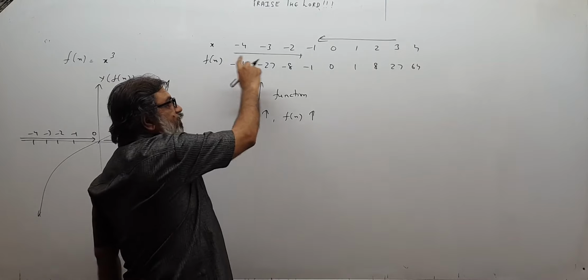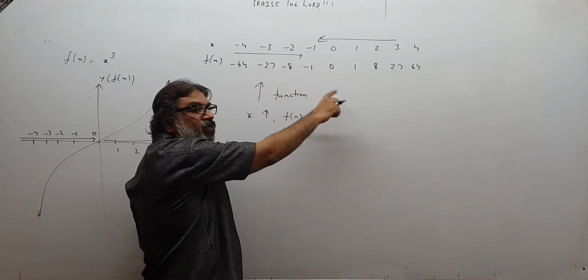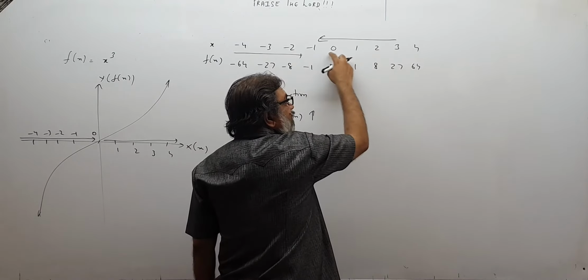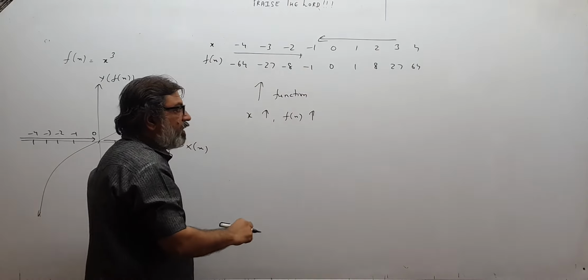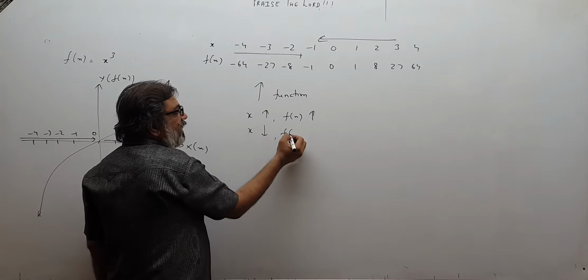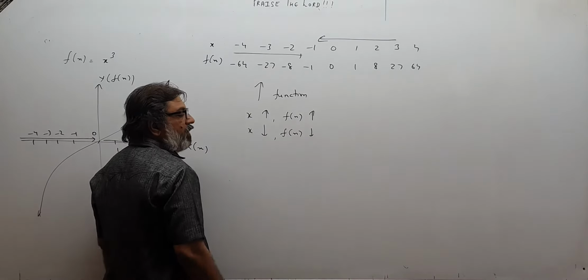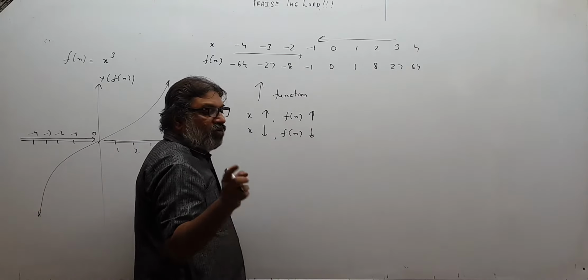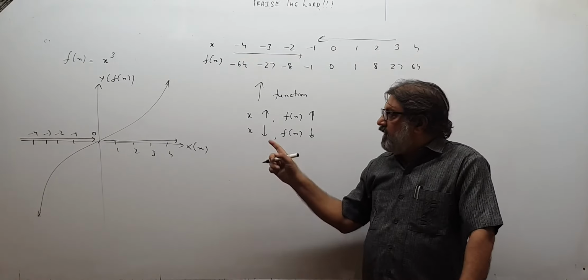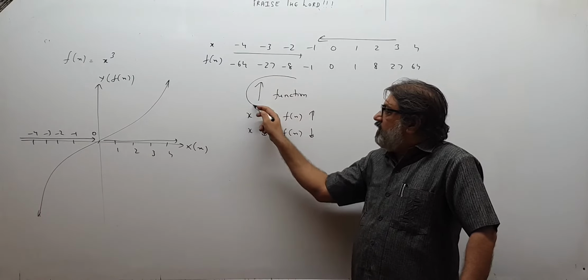When I move from right to left, x decreases and f(x) also decreases. So either both should increase or both should decrease. That means x and f(x) should move in the same direction. Then such a type of function is called an increasing function.